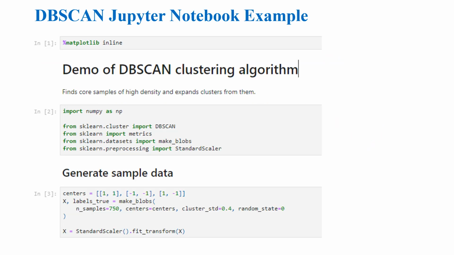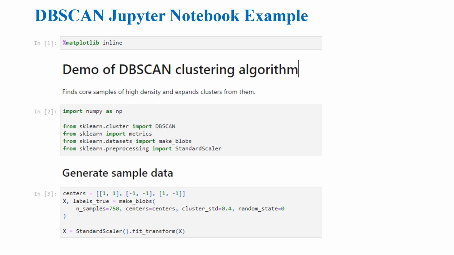And here's a Jupyter Notebook example of a demo of the DBSCAN clustering algorithm. What you're seeing here in these slides are cut and paste I did from the HTML file that was output from running the program. But I am also uploading the Jupyter Notebook for this.